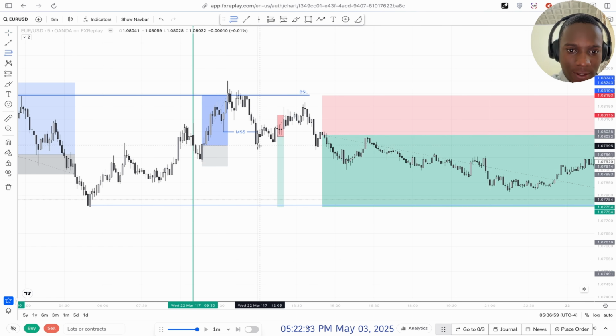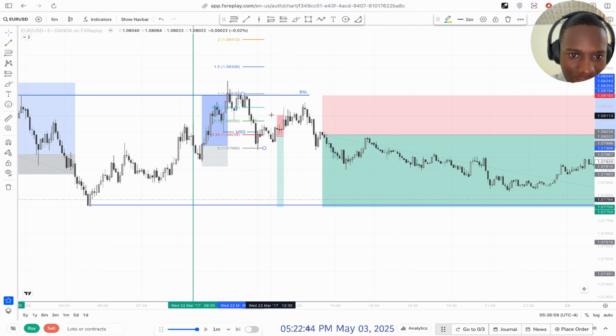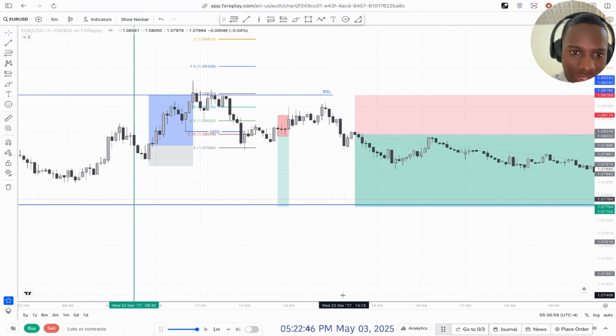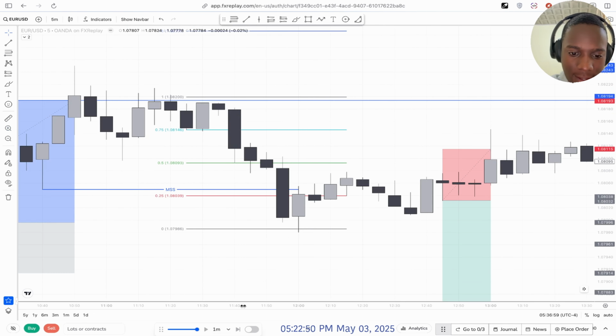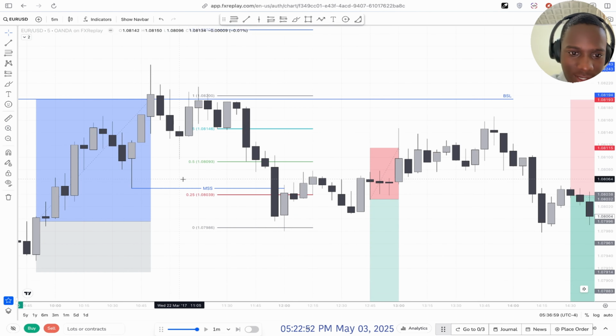Because if we take our fib retracement, trace it from this high to this low, you can see that instead of taking a trade in here below the discount zone, I don't know if you're seeing this well, but let me zoom it in. Yeah, so as you can see, we have market shift and our zones are right here, so the 0.5 is in here.